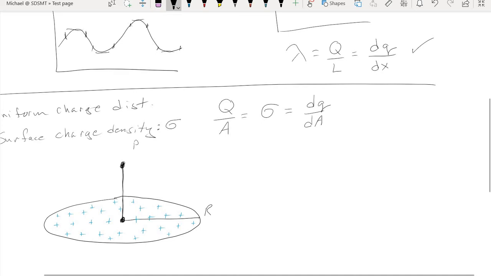So we have a point P that is directly above the center of our charged disk. We'll go ahead and call that distance Z, same as we've been doing before.